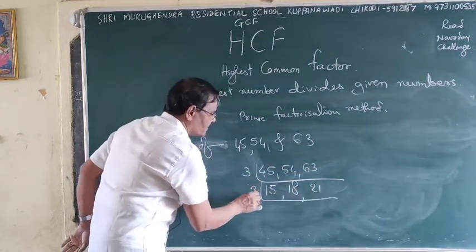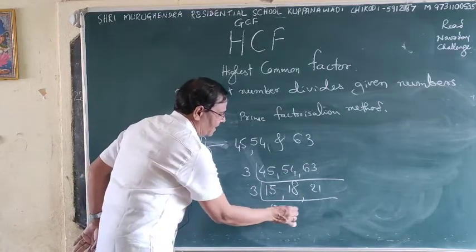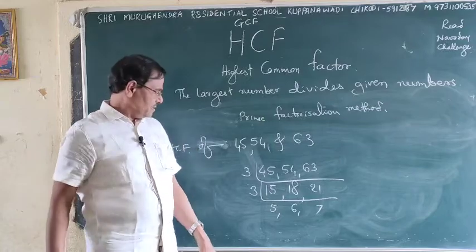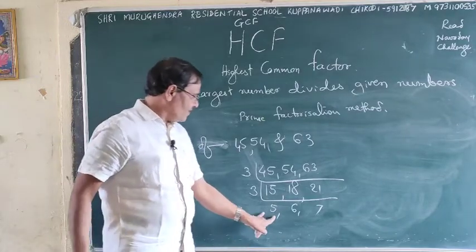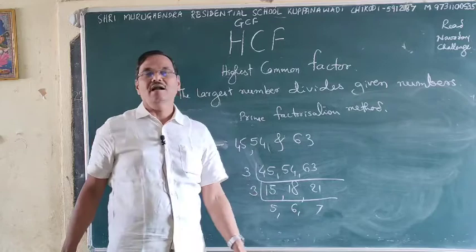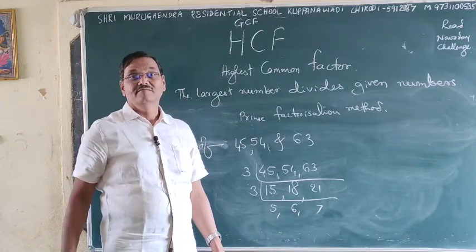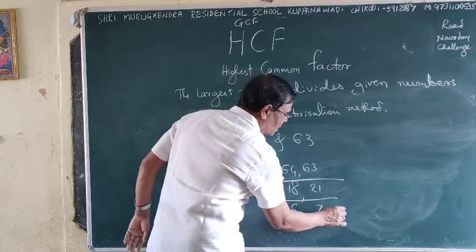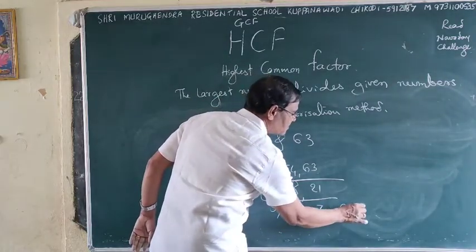Again you go for that: 3 5s, 3 6s, 3 7s. And here 5, 6, 7 are co-prime numbers. These are all co-prime numbers.